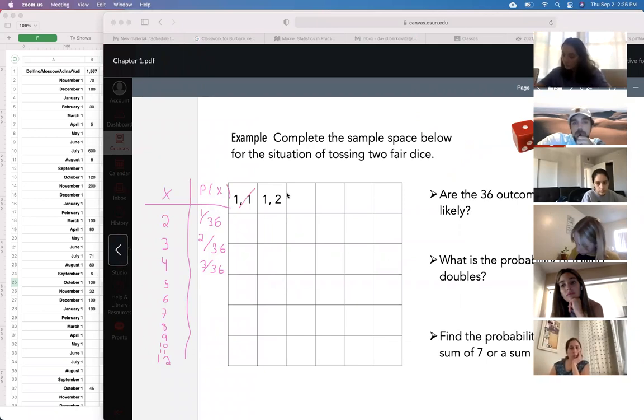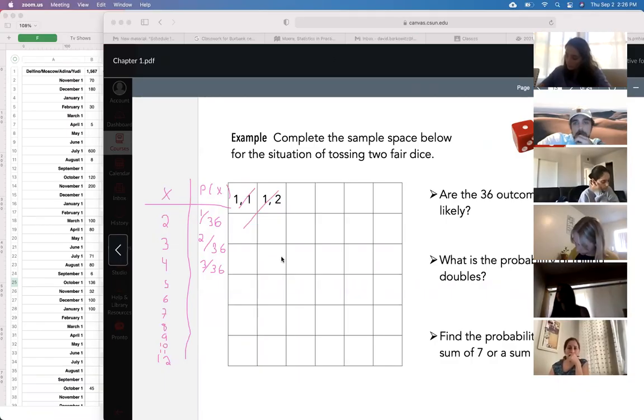The second one and the one down. So these two. Sorry, I meant 4. Corresponding to a sum of 4. The same 3 down diagonal.